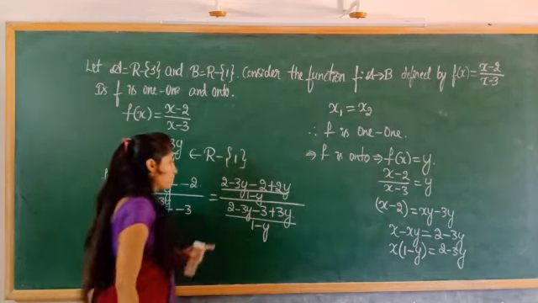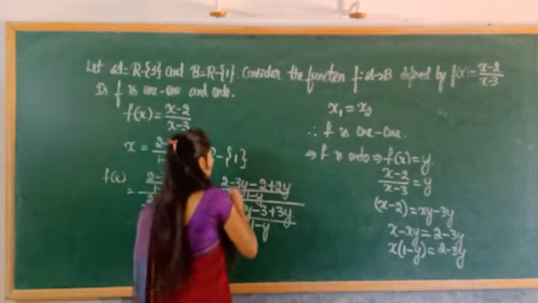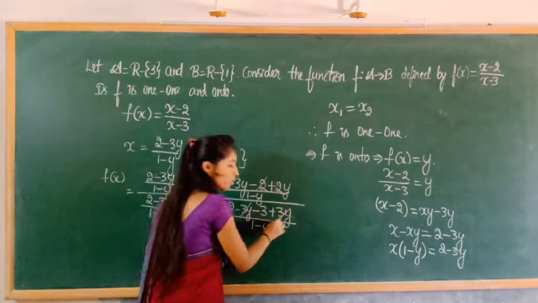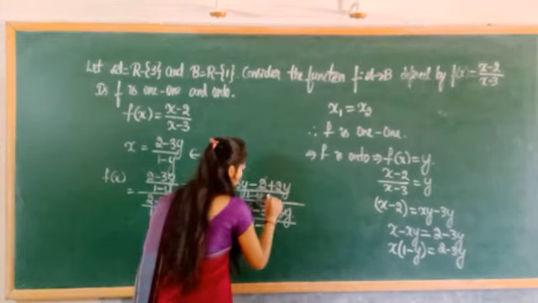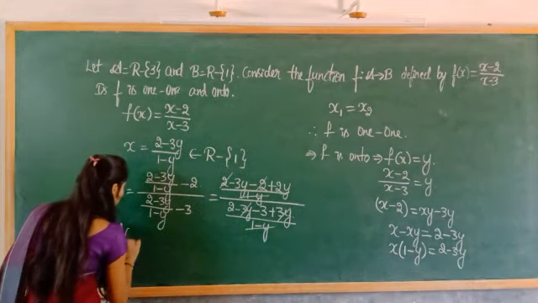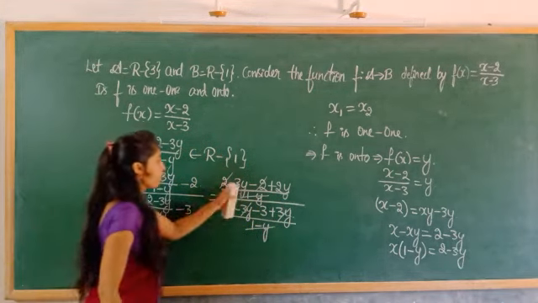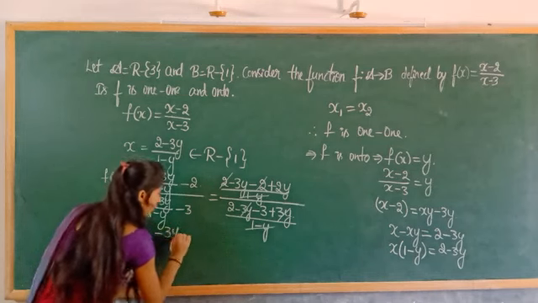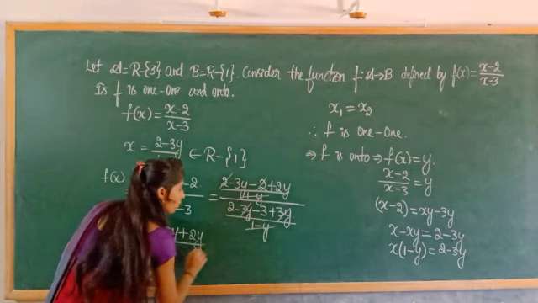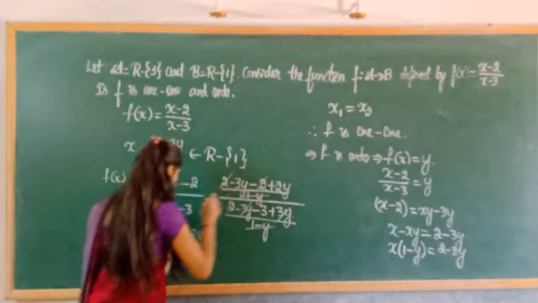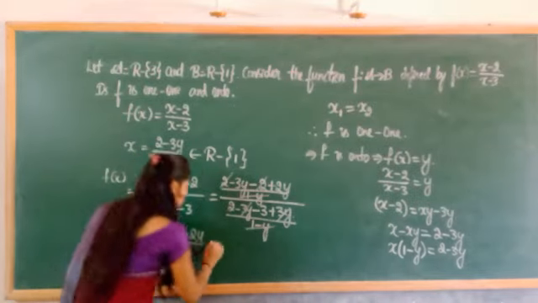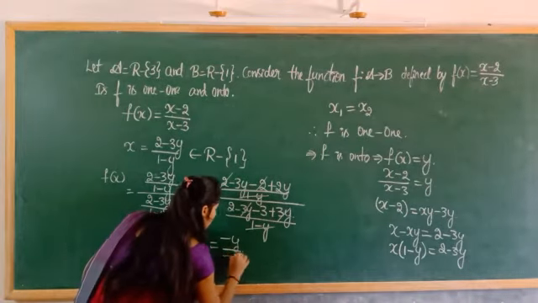And see here, in the numerator plus 2 minus 2 cancel each other, and here minus 3y plus 3y cancel each other, and the 1 minus y denominators also cancel each other. The remaining terms: f of x is equal to minus 3y plus 2y on top, and here 2 minus 3, that is minus 1. And see here, minus 3y plus 2y is minus y, divided by minus 1, that is equal to y only.